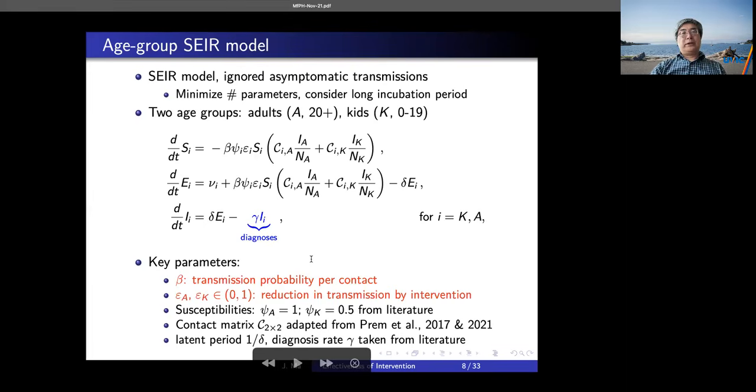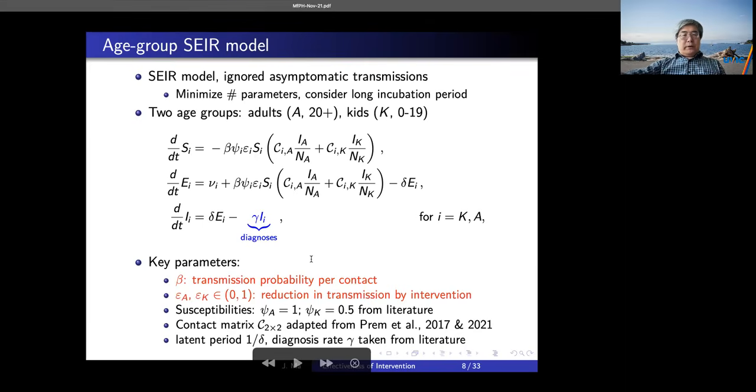So we want to use a simple model. So we start with the SEIR model, ignoring the asymptomatic transmissions. Whether that's good or not is a different story, but we just want to reduce the number of parameters. But we do want to keep the E class in it because we know COVID-19 has a long incubation period, which greatly affects the growth rate.